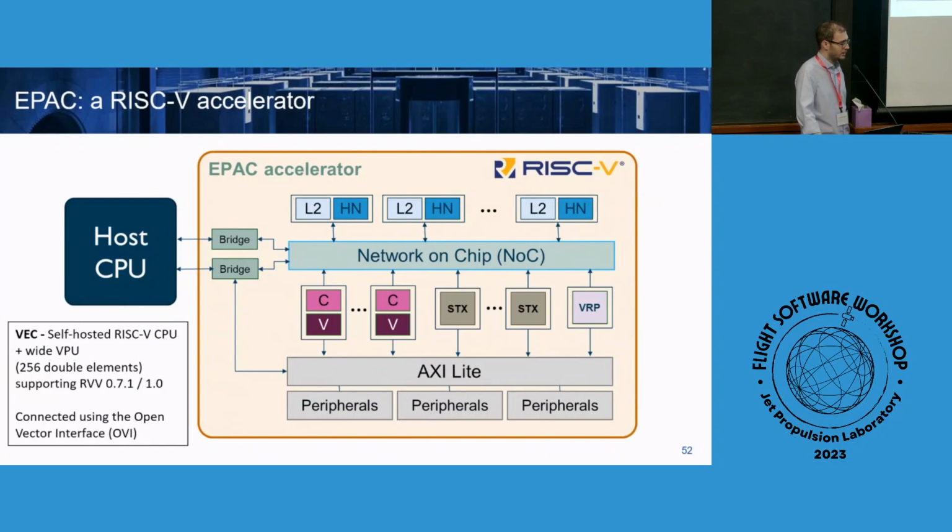In order to maximize interoperability, we rely on the open vector interface. This is a RISC-V interface which was proposed jointly by Semidynamics and Barcelona Supercomputing Center, and allows to connect this vector processing unit to any RISC-V core that complies with this vector interface.